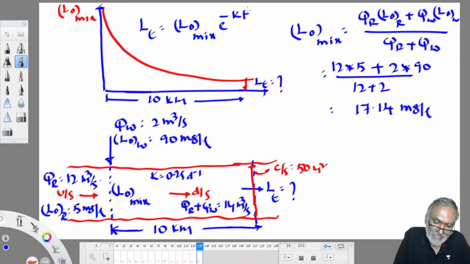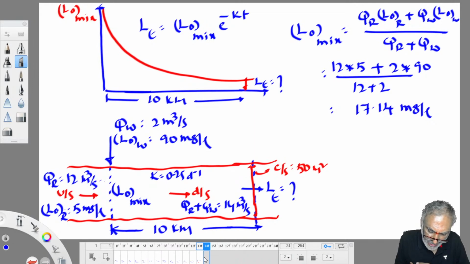It decreases at a rate of e power minus kT, exponentially decreases. So at 10 kilometers point to travel, how much time it will take? That time value, substitute with K value in this equation for L naught mix, then you will get at 10 kilometers what amount of BOD remained in the river. Okay? So T you have to find out. Time taken by the river water to travel 10 kilometers.